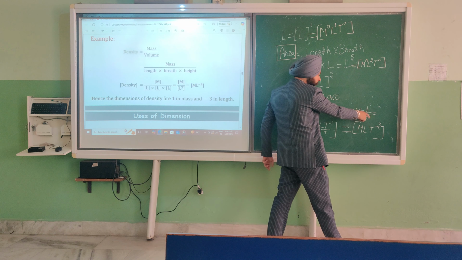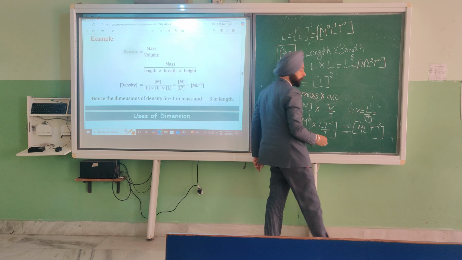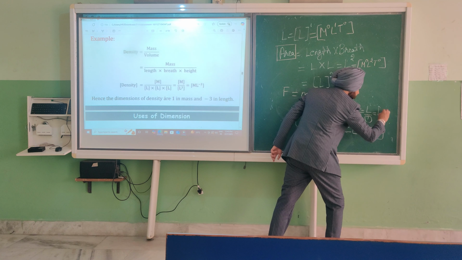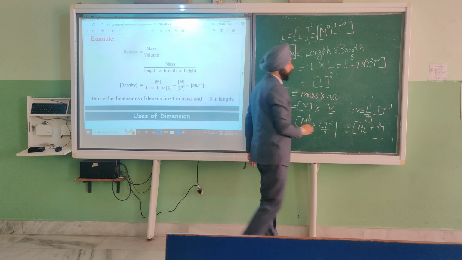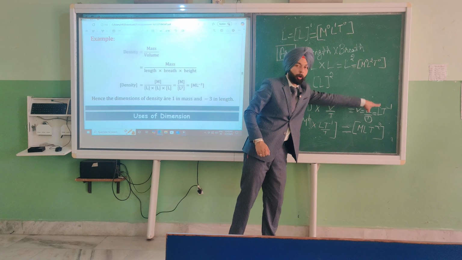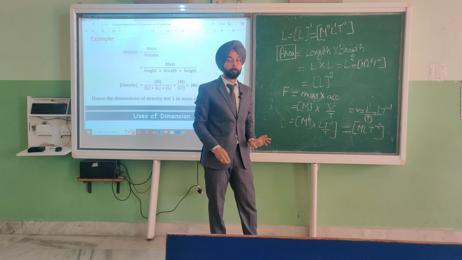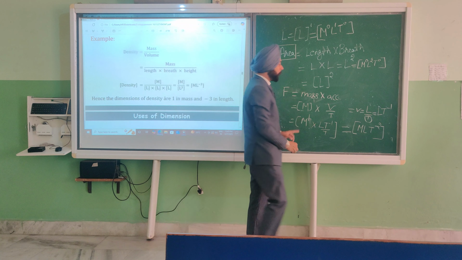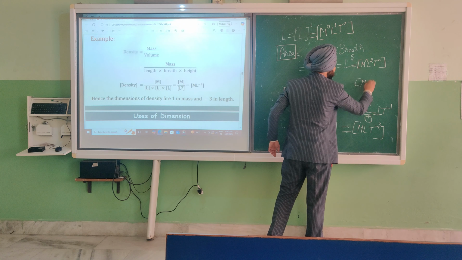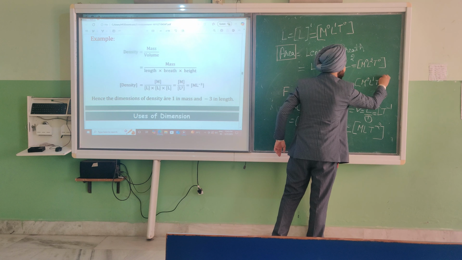Since it is a ratio, the power of time is minus. The dimensional formula of velocity is L T minus 1, which means we can write M0 L1 T minus 1.